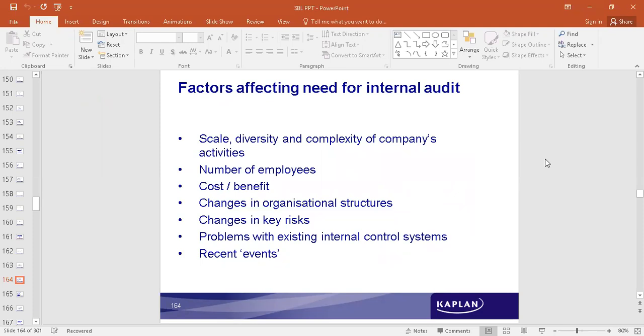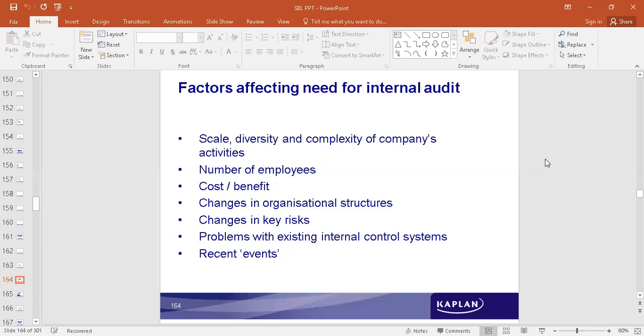What factors affect the need for internal audit? As we have discussed, it is not mandatory to have an internal audit function or department. It is for the internal benefit. The factors affecting the need for internal audit depend on the scale, diversity, and complexity of the company's activities. If the size is small and a simple set of activities is carried on, not complex in nature, there is no need for an internal audit function at all.